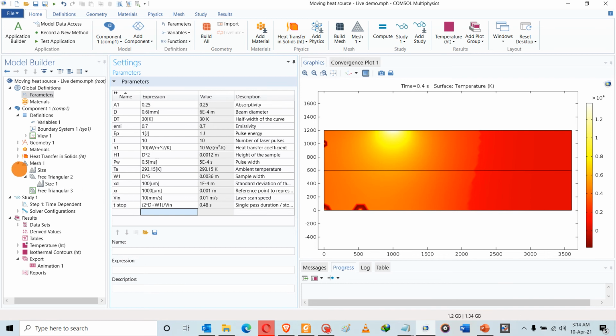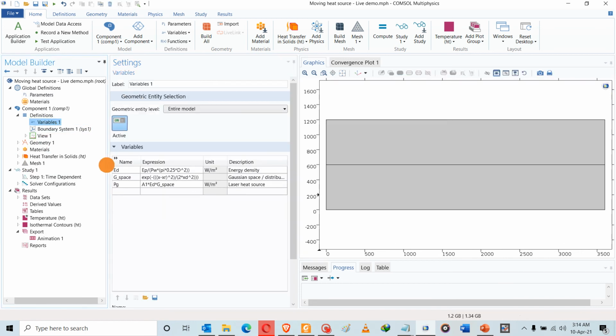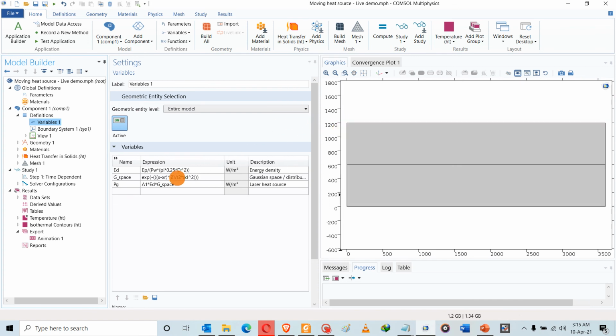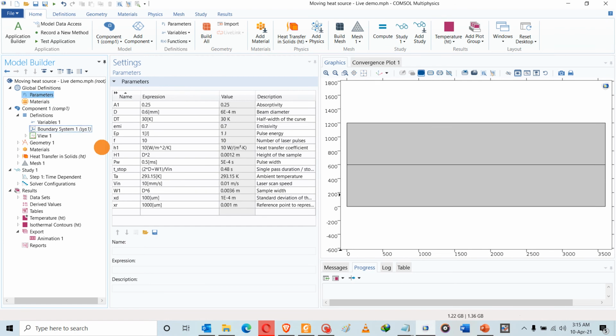Then what we need to do is modify a little bit the position XR. Let me call this X0.